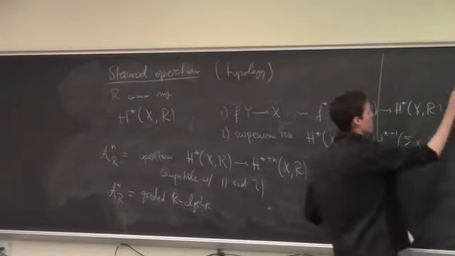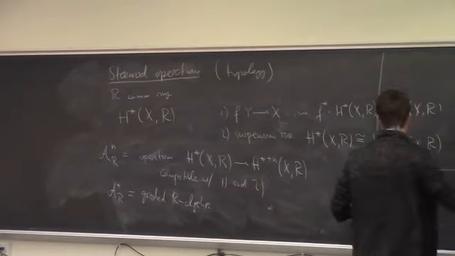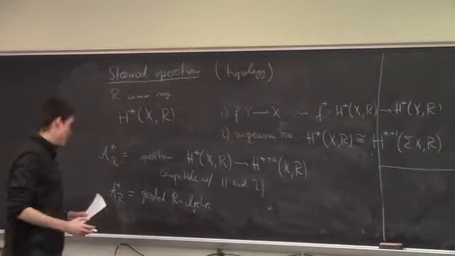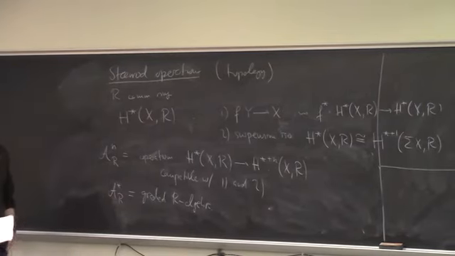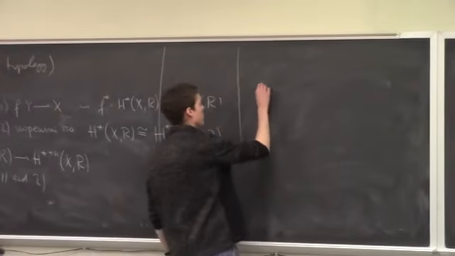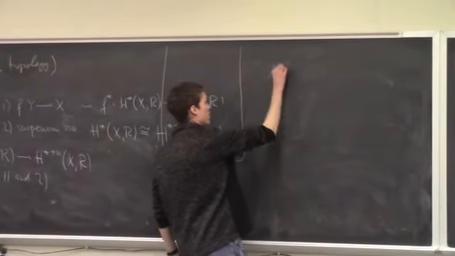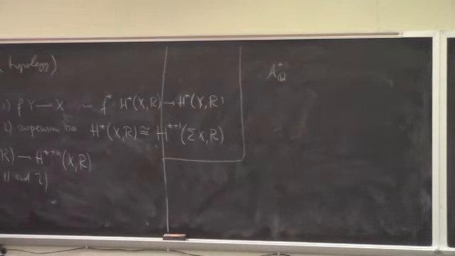Right, so that's in theory. It'd be a nice thing to have. Now, can we actually say something about this algebra in some cases? And the answer is yes. So what if I look at cohomology with rational coefficients?